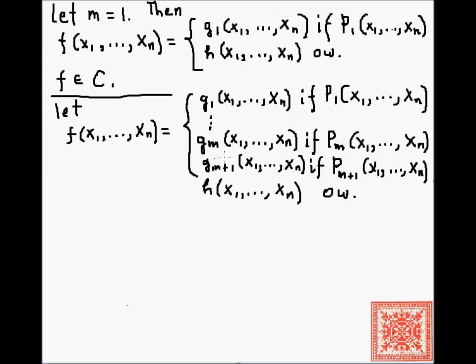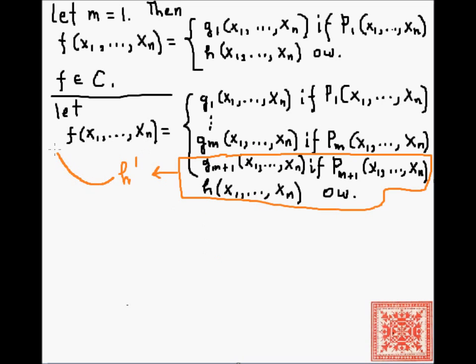So the idea is that we will define a new function, let's say h prime, and combine the last two cases of f, the new definition of f, into h prime. And h prime by the base case is obviously primitive recursive. Oh, I said h prime is primitive recursive.